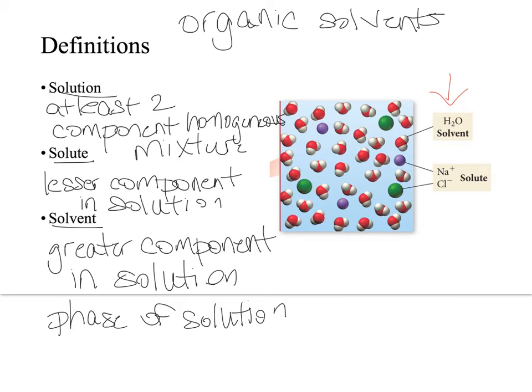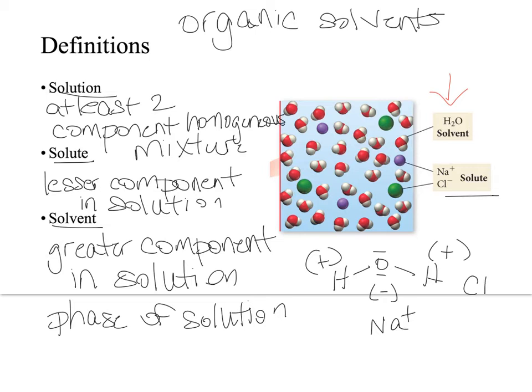All right, here we have an example. We have water as our solvent, and our solute is sodium chloride. And what happens there is remember water's Lewis structure looks like this. And so in the middle part, we've got a little bit of a negative charge, and on the ends, we have a little bit of positive. And so our ions, the water will pull them apart.